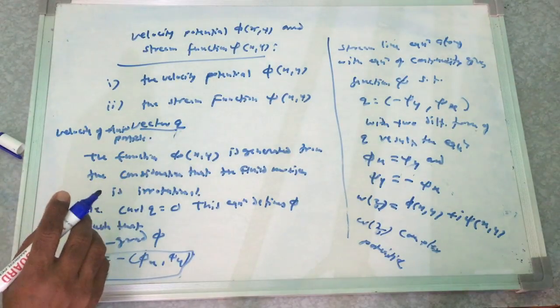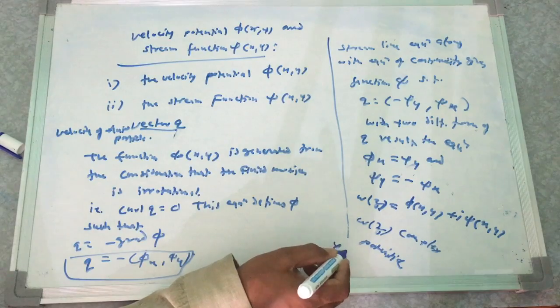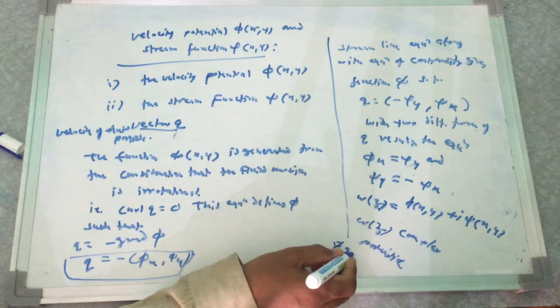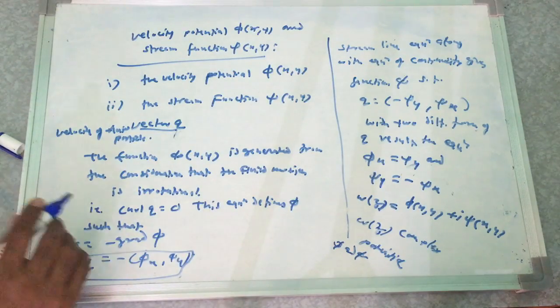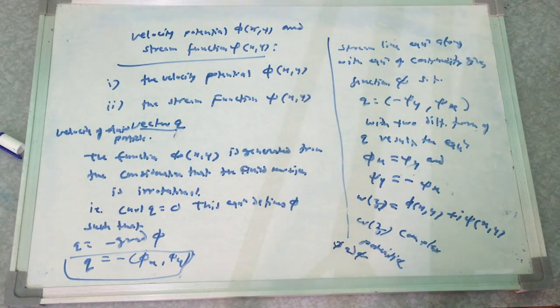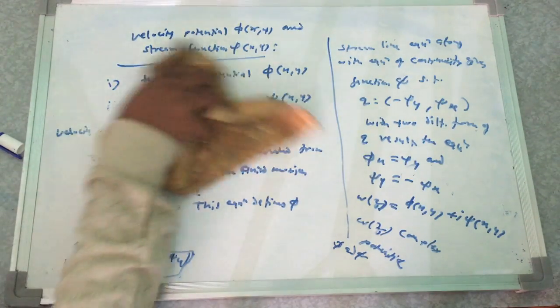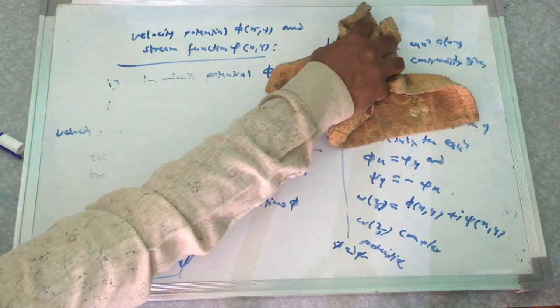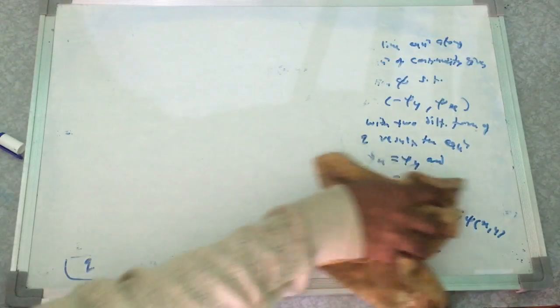It is obvious that the functions phi and psi are harmonic. Hence, using these two conditions, the velocity potential phi and stream function psi are harmonic and satisfy the CR equations.